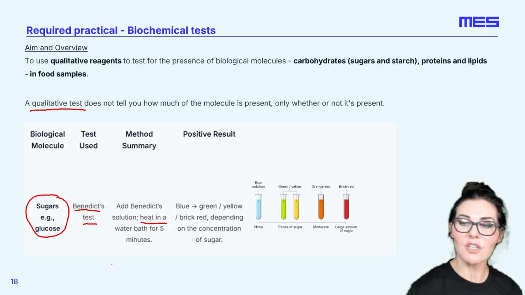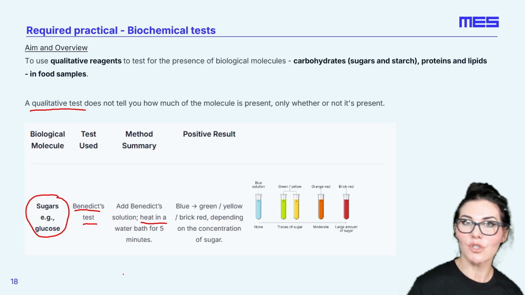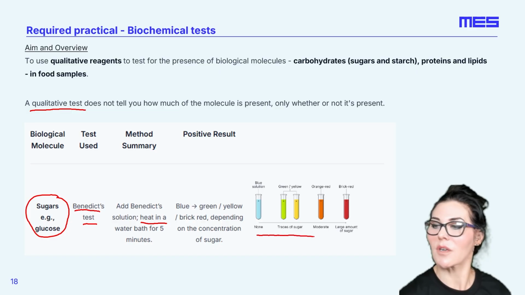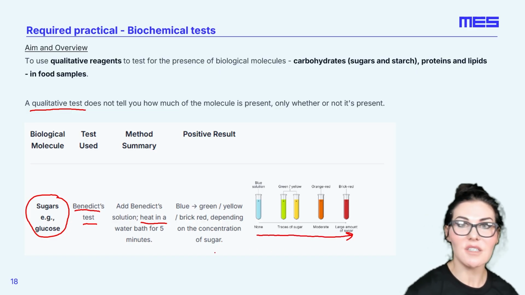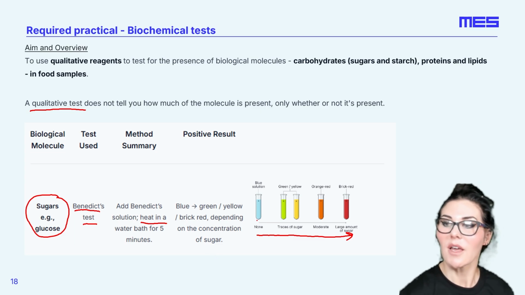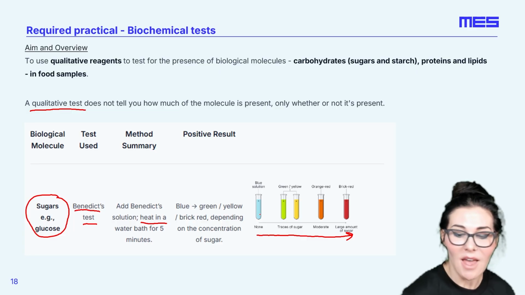Now, the colour change that takes place, if sugar is present, depends upon the concentration of the sugar present. If we look at this chart here, it's showing you changes in intensity of colour that the Benedict's turns with the sugar depending upon the concentration of the sugar. Now, if there's no sugar at all, you're not going to get any reaction.